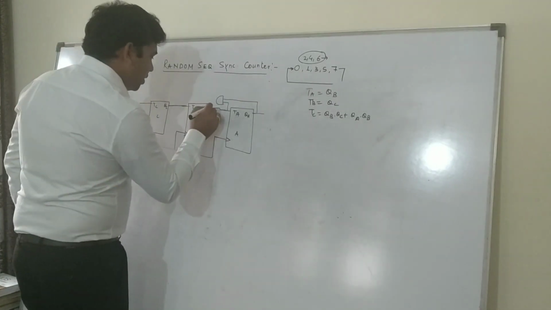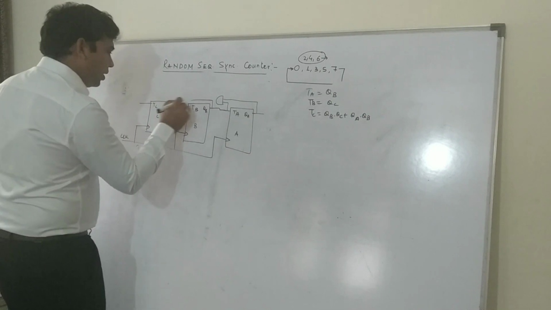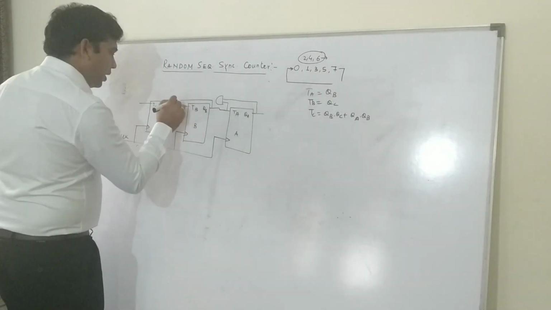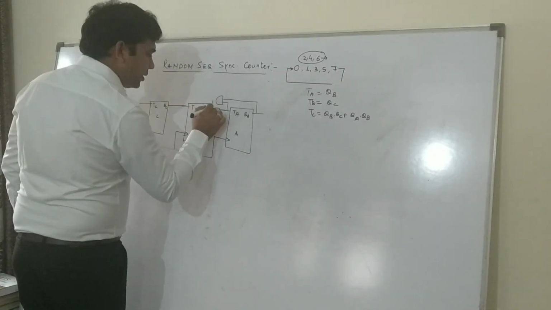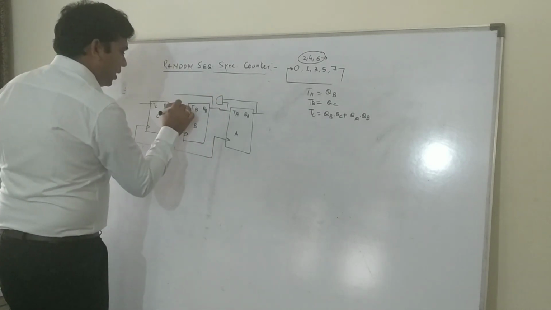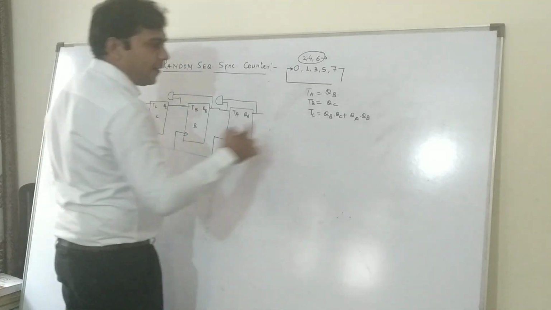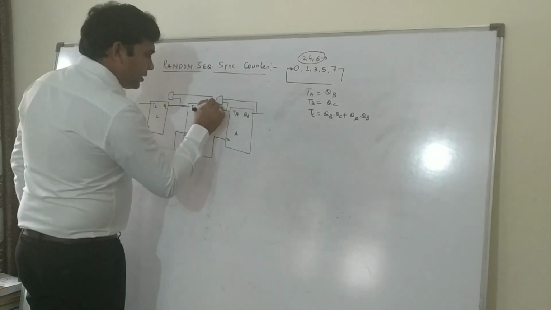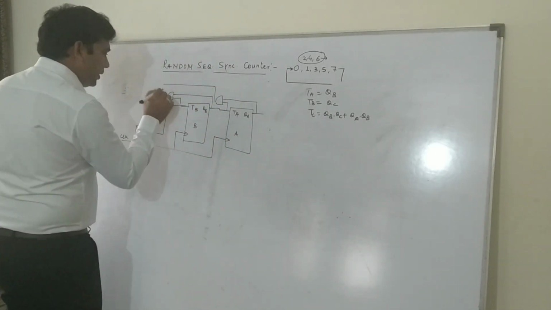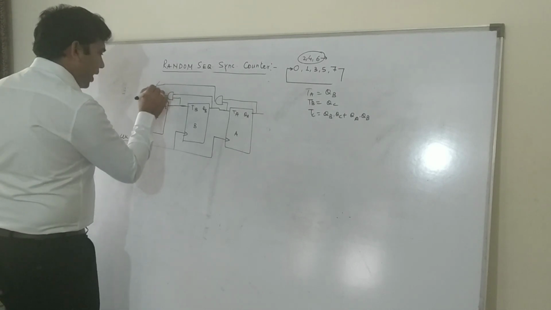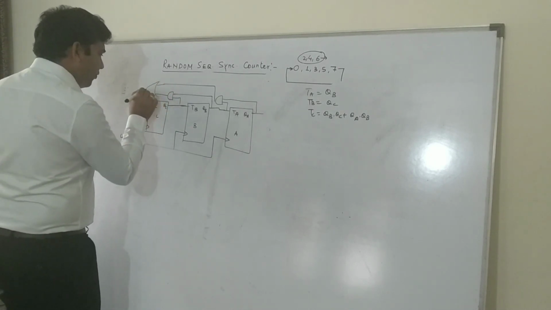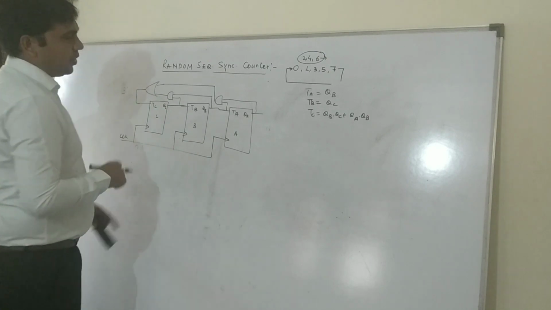QB QC. So let's say this is QB, and this is QC, and one more AND gate here. With the QA QB AND gate output and this AND gate output, we can have an OR gate and apply this output to here.